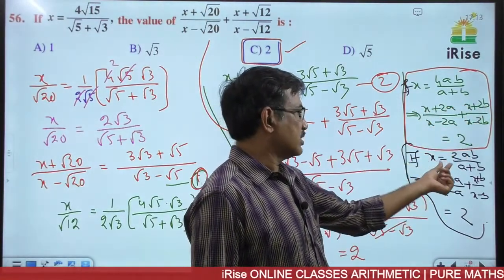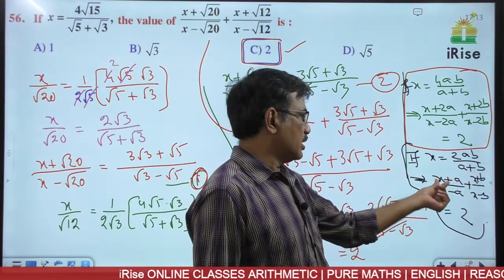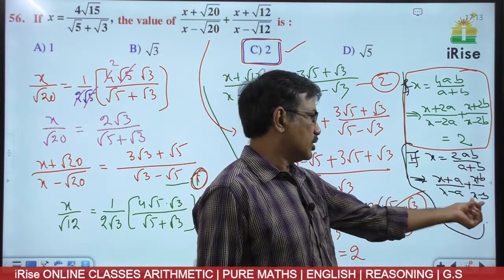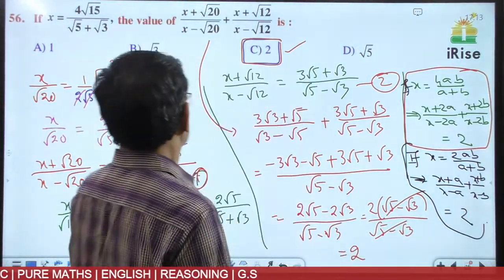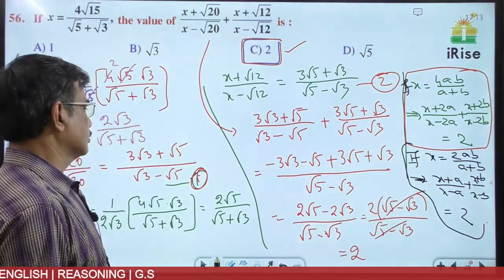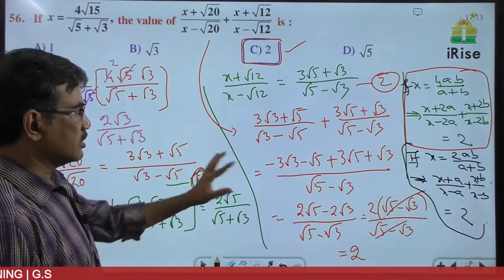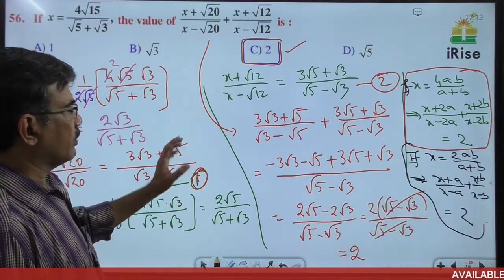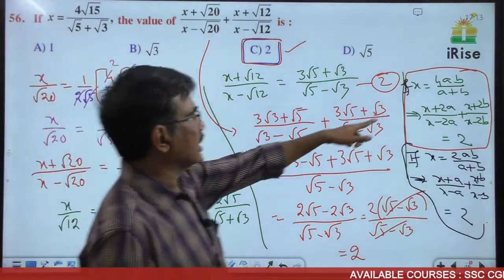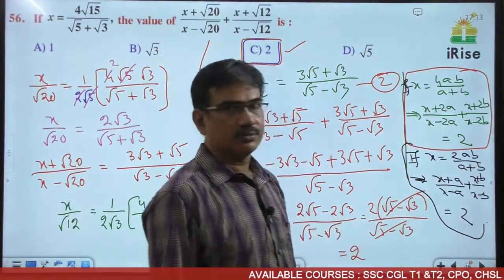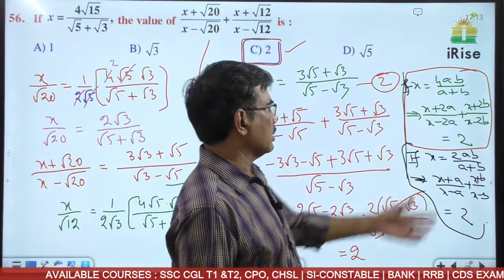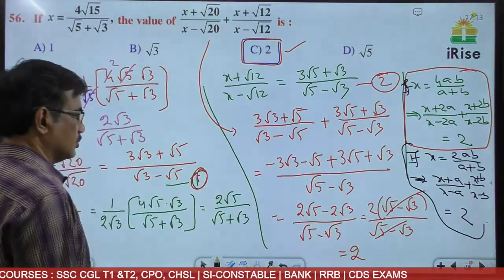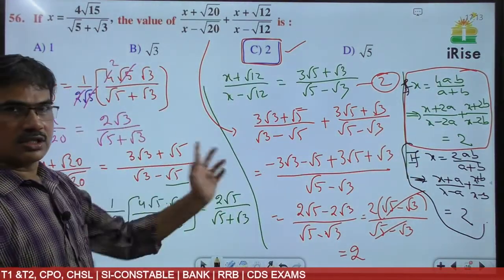Similarly, if x is equal to 2ab by a plus b, then x plus a by x minus a plus x plus b by x minus b is also equal to 2. So this question, if you understand this concept, for example, if the question is given directly like this, how to get the answer? Go for substitution and we get the answer directly. Okay? Understand this?